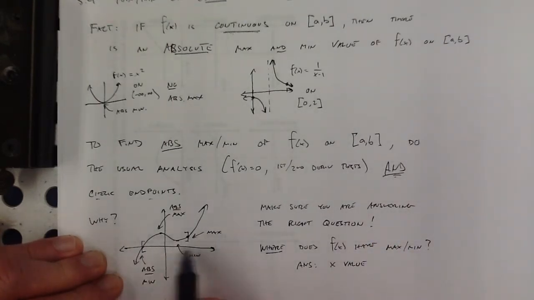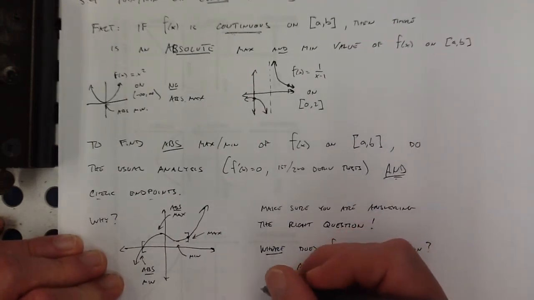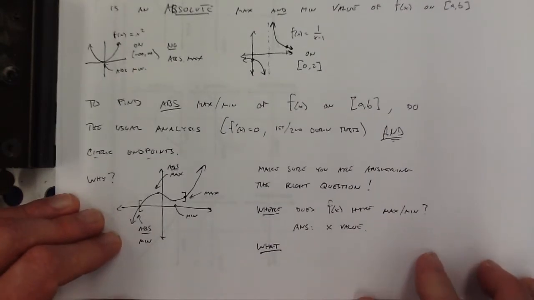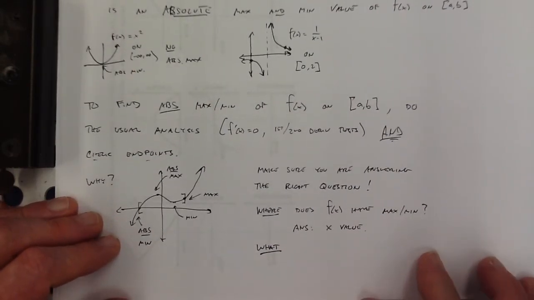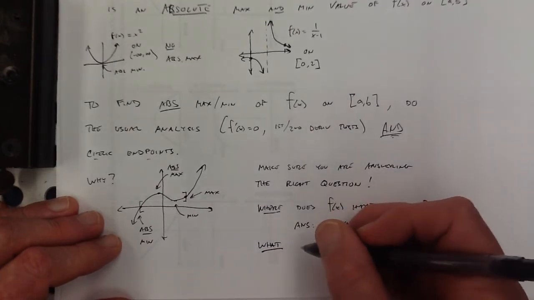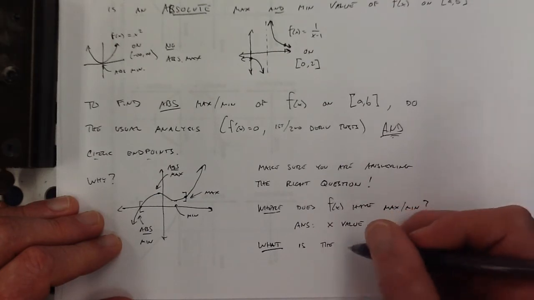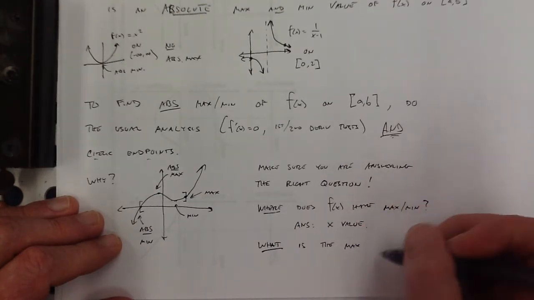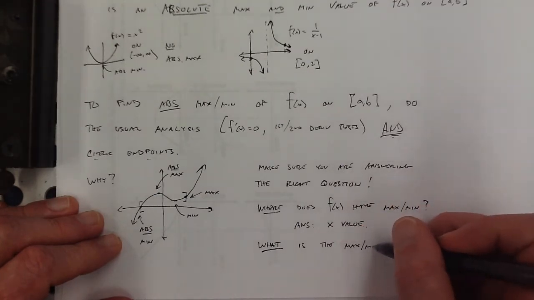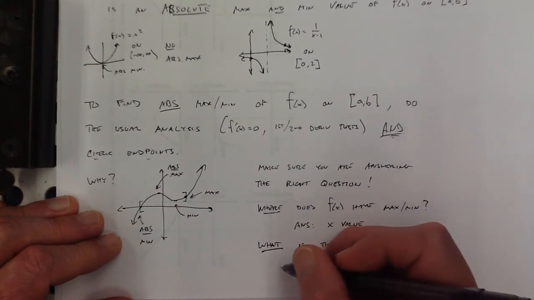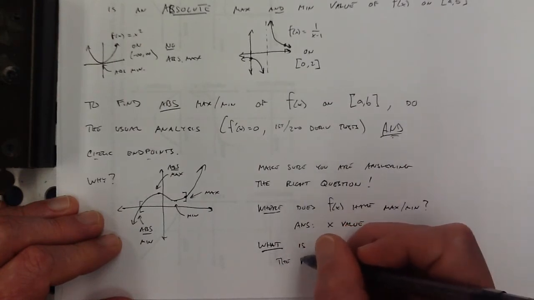Right? What's the x value where it happens? But now, in this section, for these absolute maximums and minimums, we will often be asked, what is the maximum or minimum value of the function?